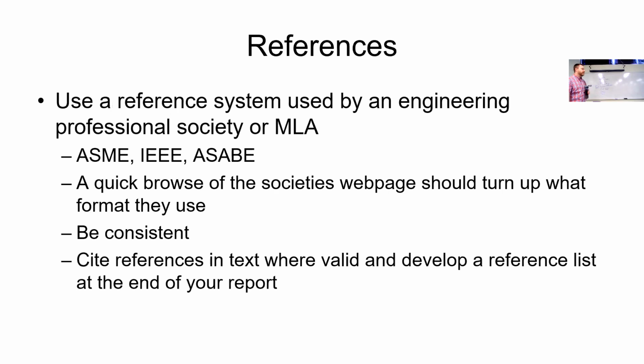All right, and then again, references. Whatever they've taught you in your English composition classes will be just fine for reference style. APA, MLA reference styles are just fine. If you want to look up the American Society of Mechanical Engineers or Society of Agricultural and Biological Engineers, Institute of Electrical Engineers, and see what citation style they suggest for their journal articles, it's normally Chicago or one of these others, and they're all kind of derivatives of each other.